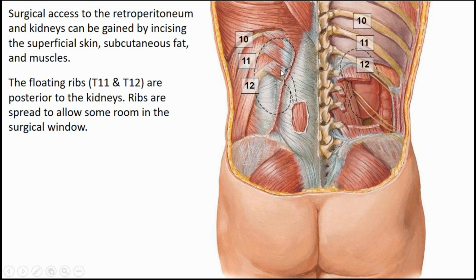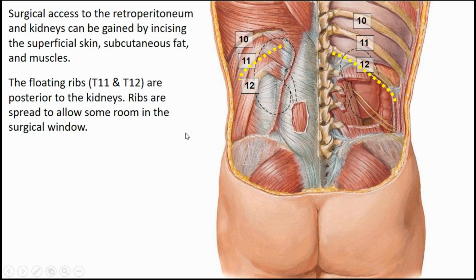Now those floating ribs can often be cranked open. You can use a rib spreader to push them away, but one thing that's a little more common these days is to actually get to the kidneys from an anterior approach, but staying just outside of the peritoneal lining.